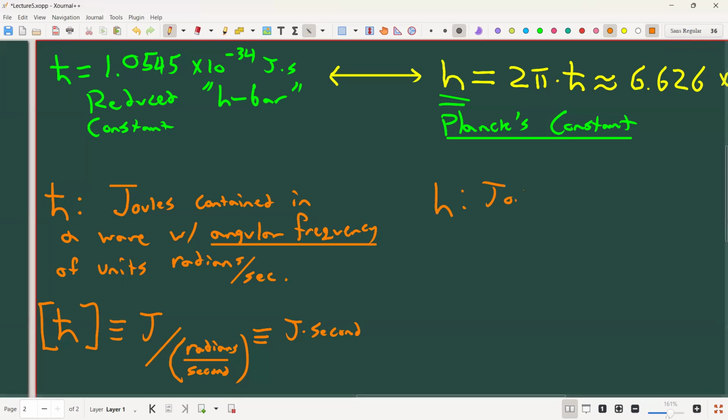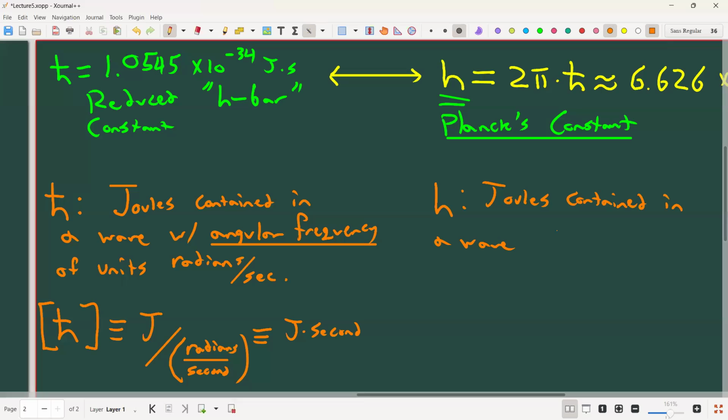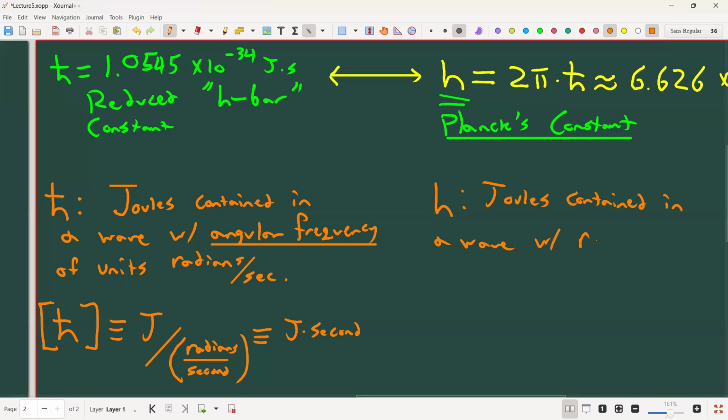So this is joules contained in a wave with radial frequency of units cycles per second, which we could also just call periods per second.